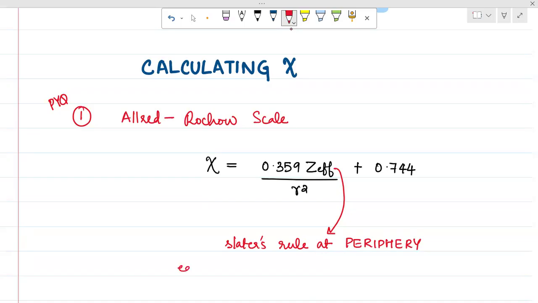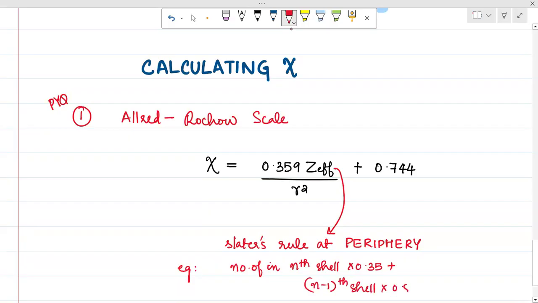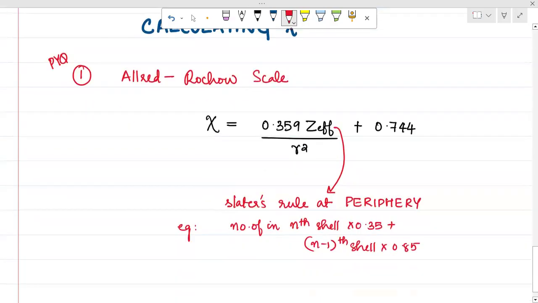For example, if the electron is in S or P, what's the equation? It is number of electrons in nth shell into 0.35 plus number of electrons in n minus 1th shell into 0.85 and rest of the electrons into 1. This is the screening constant.